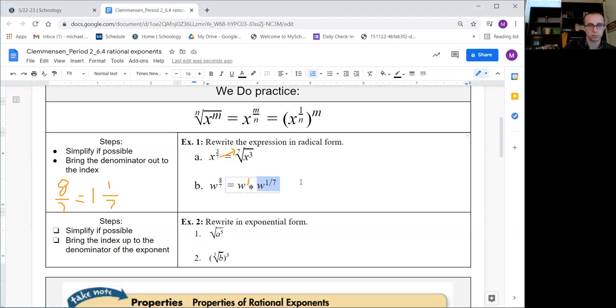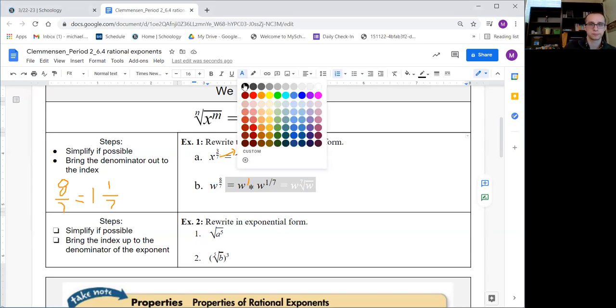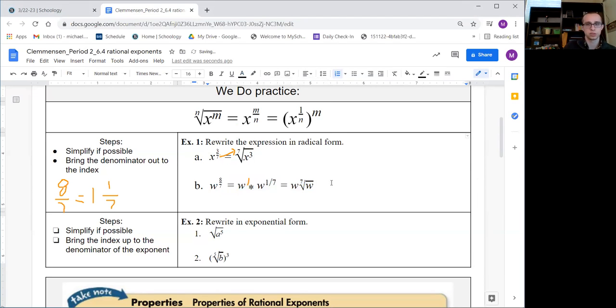From there, we change this 7 back over to the front. We do right here. So this is our answer right here: W times the 7th root of W. That would be it in simplest form right here in my radical form. Are there any questions on that way of doing it before I show you the other way of doing it, where I switch right away and then simplify?